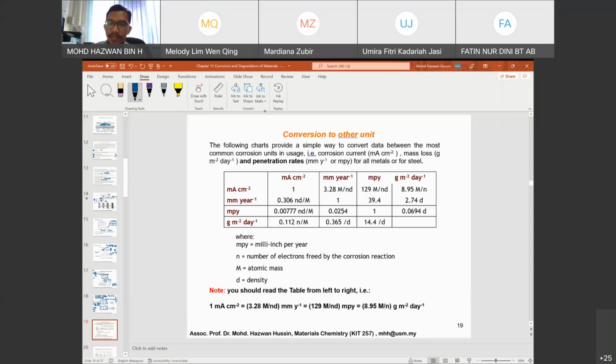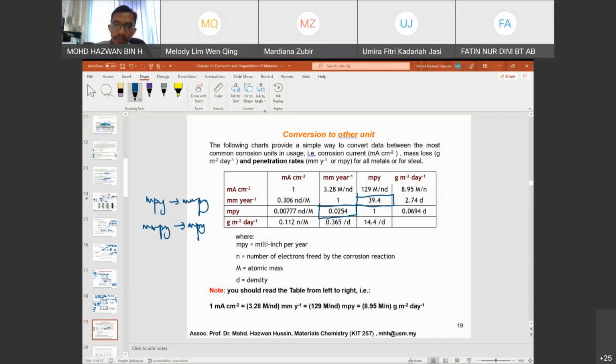This is something that you need to remember, but I don't think that you have to remember all. What is important is to remember this value and also this value: the conversion of MPY to mmpy or mmpy to MPY.